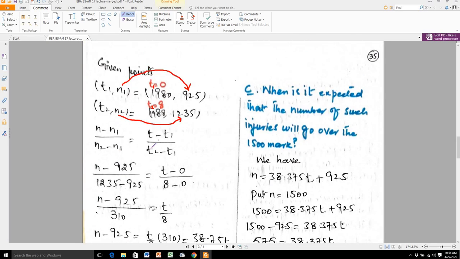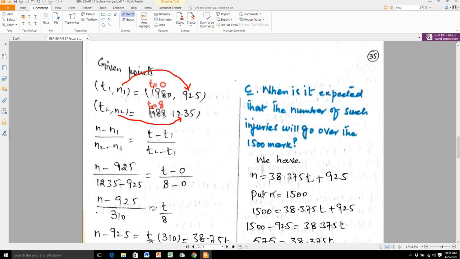You see here, it asks when the number of such injuries is expected to go over the 1500 mark, so you have to state the time when these injuries touch the mark of 1500. In this case, we have our general equation n is equal to 38.375 t plus 925.